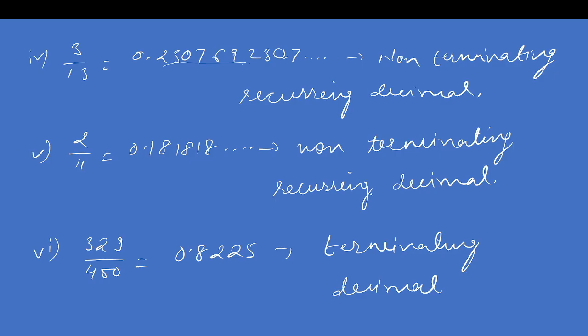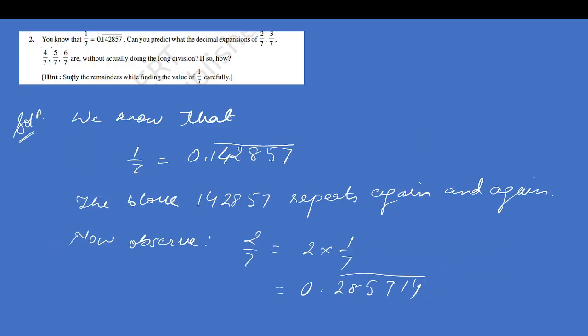It will not terminate at any point, but it will recur. Now, 2 by 11 is 0.181818. This is also non-terminating recurring, and 0.18 is repeating itself. 329 by 400 will come to 0.8225. So this is terminating. Anything whose remainder comes to 0 is terminating.